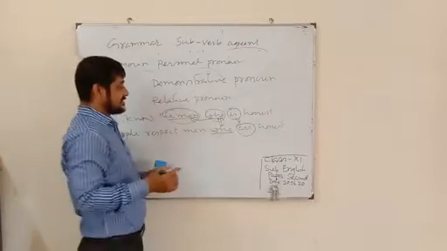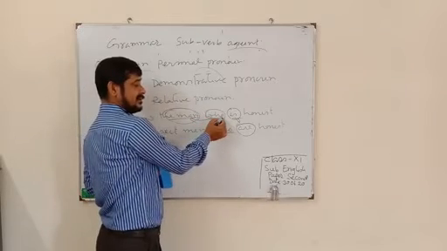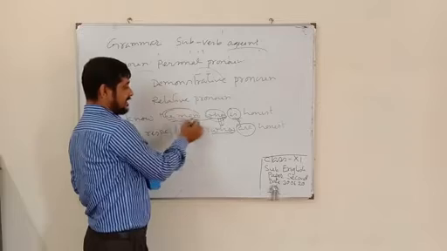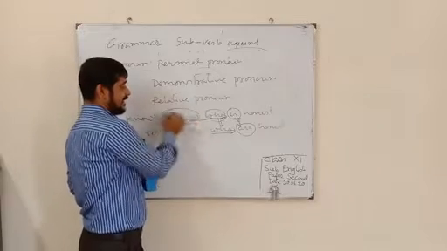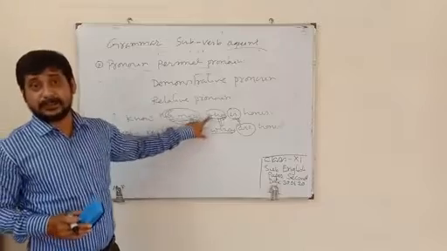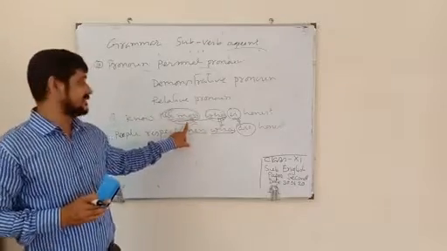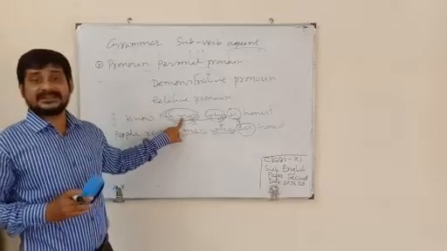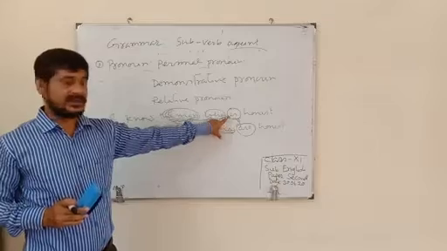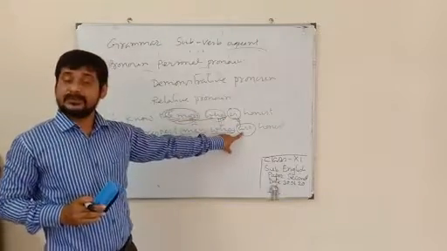So the verb after a relative pronoun is used according to the antecedent. The noun used before the relative pronoun is called the antecedent. If your antecedent is singular, your verb will be singular. If your antecedent is plural, your verb will be plural.